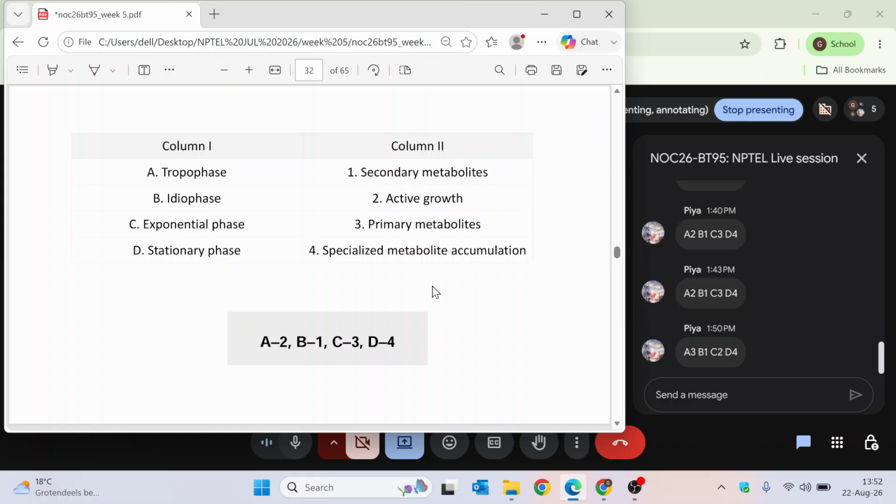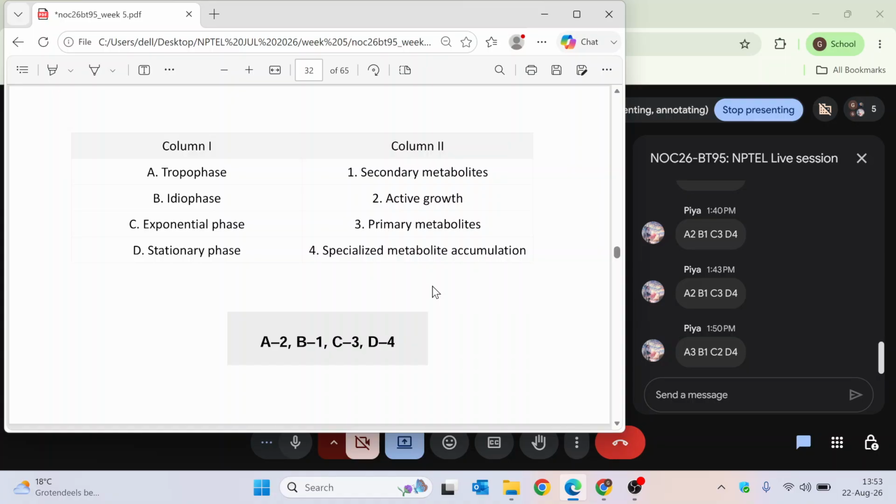So, in trophophase, you can see that the cells will divide rapidly, and this is kind of a primary metabolism. But idiophase comes right after the active growth period, where the microbes are starting to produce secondary metabolites.